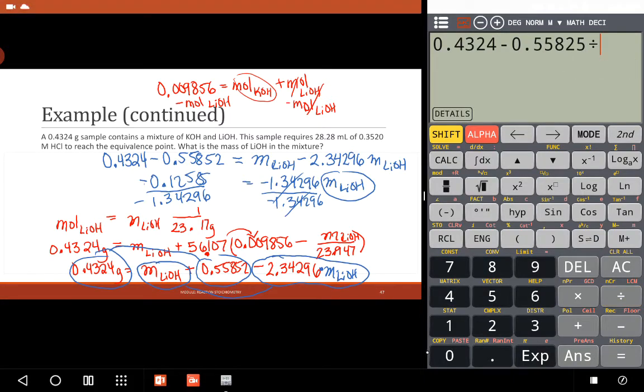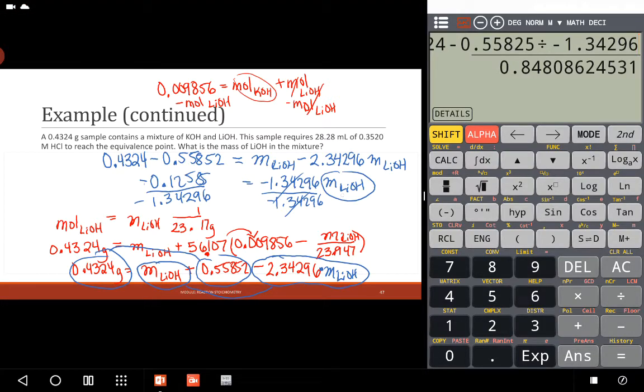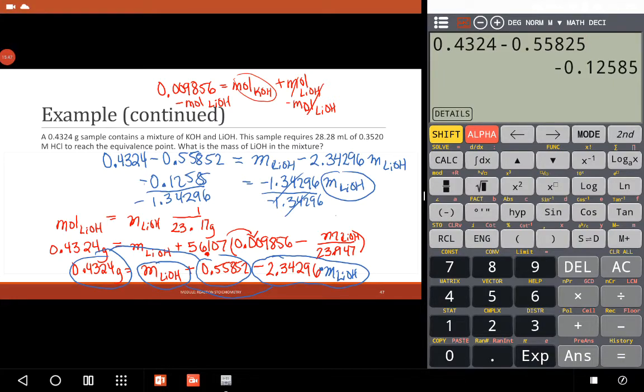So we divide that by negative 1.34296. I need to enter first before I divide.